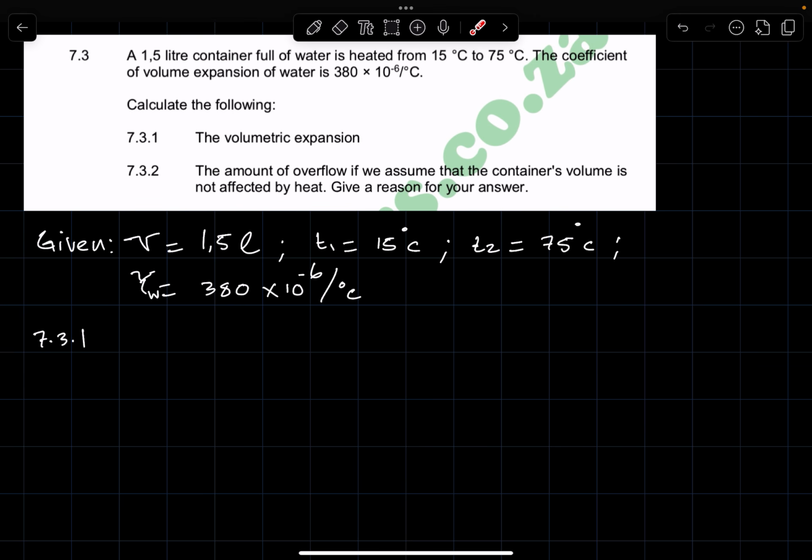Also, they haven't given us the linear expansion of the material of the container, nor have they given us the volume coefficient of expansion of that container. Now, as much as they haven't specified here if the volumetric expansion we need to calculate is for the container or of the water, the information we've been given suggests that we need to calculate the volumetric expansion of water.